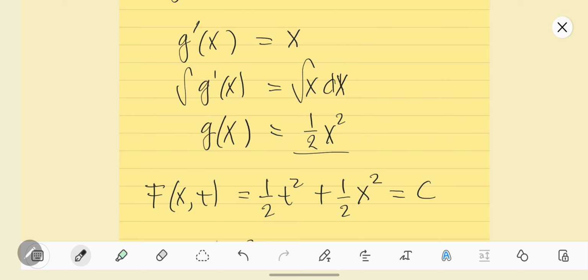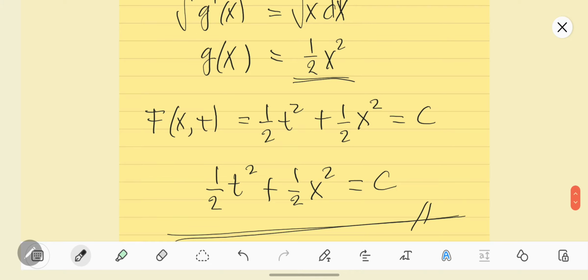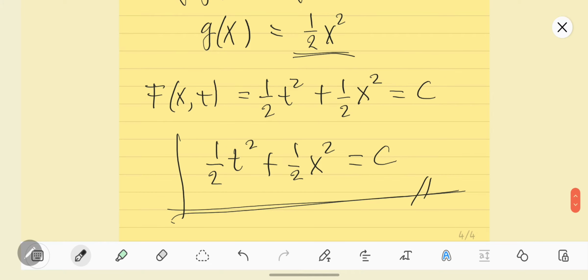Now we have g of x is equal to 1/2 x squared, and we know that f of x and t is equal to 1/2 t squared plus 1/2 x squared, and this must be equal to c. And then your final solution would be 1/2 t squared plus 1/2 x squared is equal to c. Now that is your answer.